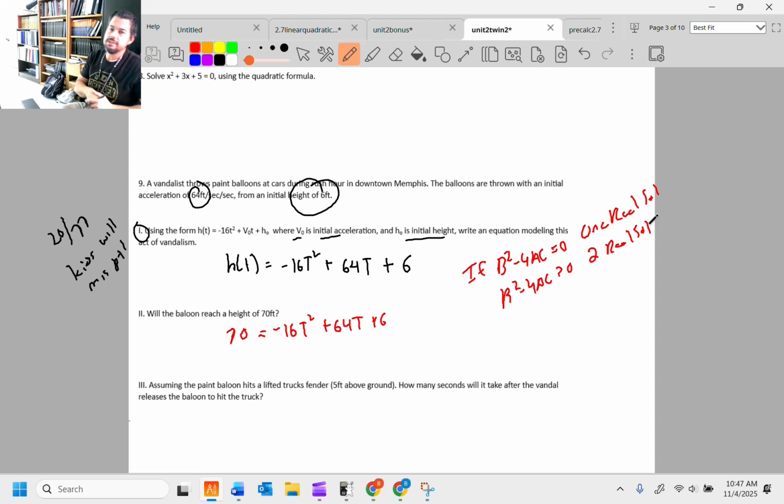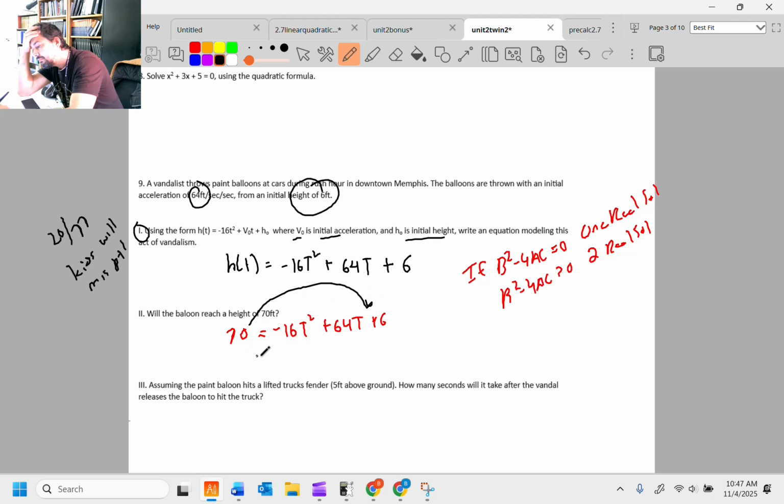So what I want to do is I just want to do the b squared minus 4ac part once it's in standard form. So this is going to get moved over here. It doesn't really matter here if the a's, b's, and c's are negative or not. But anyways, we'll just use these numbers as they are. So this is A, this is B, this is C. So I'm just going to figure out what 64 squared minus 4 times negative 16 times negative 64 is. Those numbers are a bit big. I don't feel like calculating them right now.